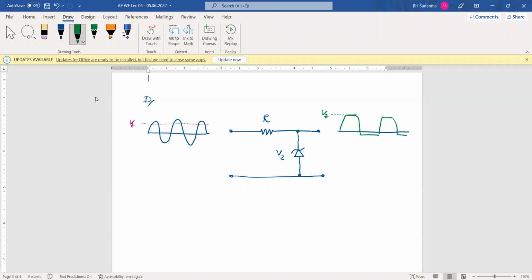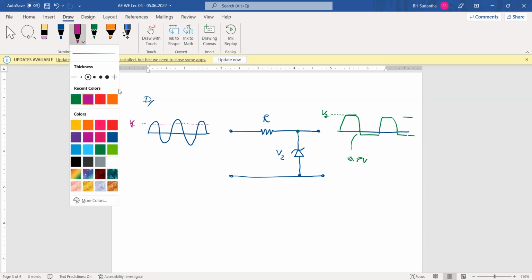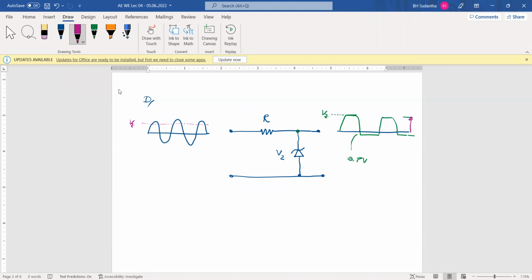Okay, then the gap between here is 0.7 volt. Then the total voltage from here to here is VZ plus 0.7 volts.